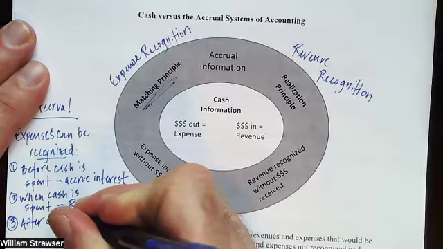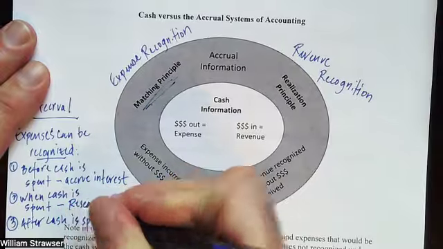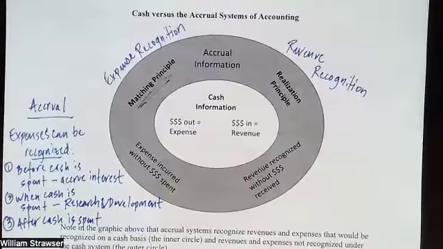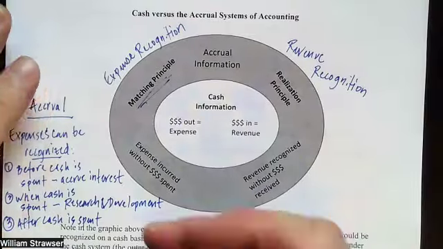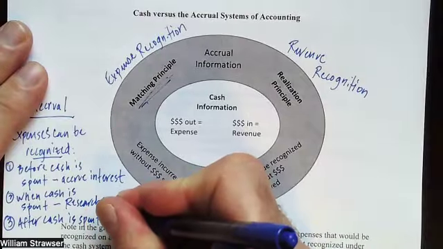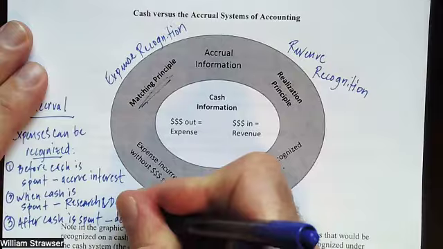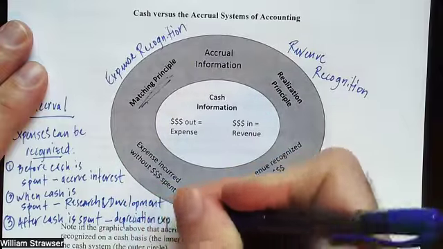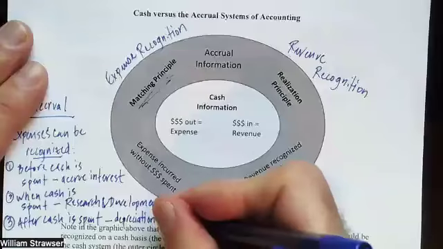An example of recognizing expenses in periods after cash is spent is depreciation expense: we bought PP&E, and in the periods after that, as we use that PP&E, we recognize depreciation expense.